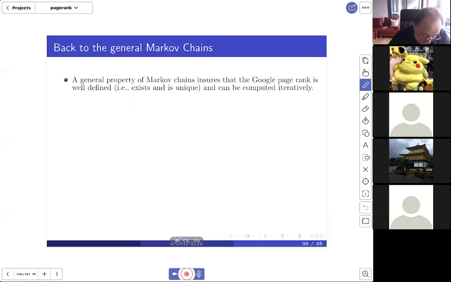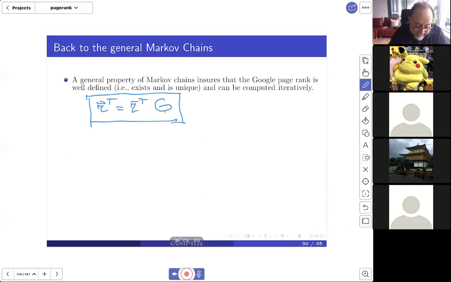Namely, they knew that there exists a probability distribution R, so that when you multiply it with a matrix G, you get back this probability distribution, just in case G corresponds to a Markov chain that is both irreducible, which means it is strongly connected, all the states are connected through a path, and it's aperiodic.